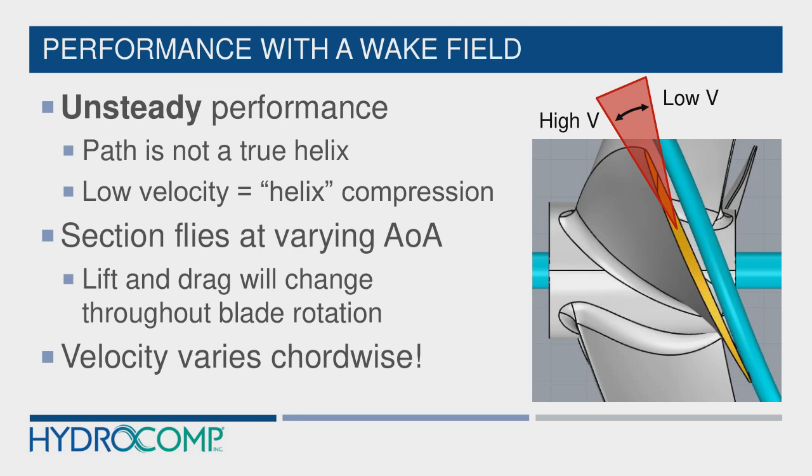Now, as we drill down into the actual performance on the blade sections, another key piece is that the velocity also varies chordwise. It's no longer uniform from nose to tail, leading edge to trailing edge. So we actually have a distribution and variation in the velocity across the section length as well.